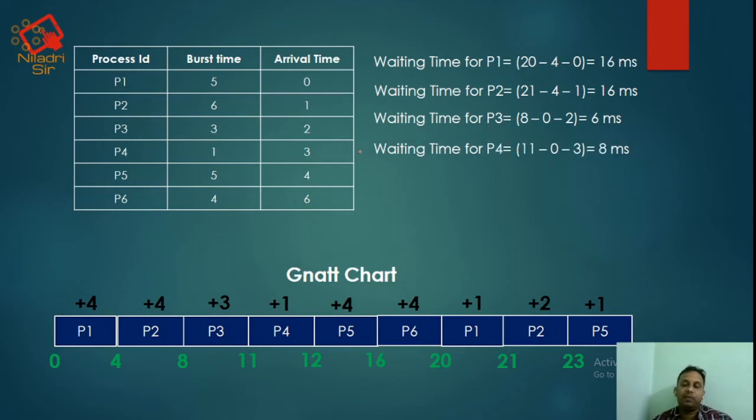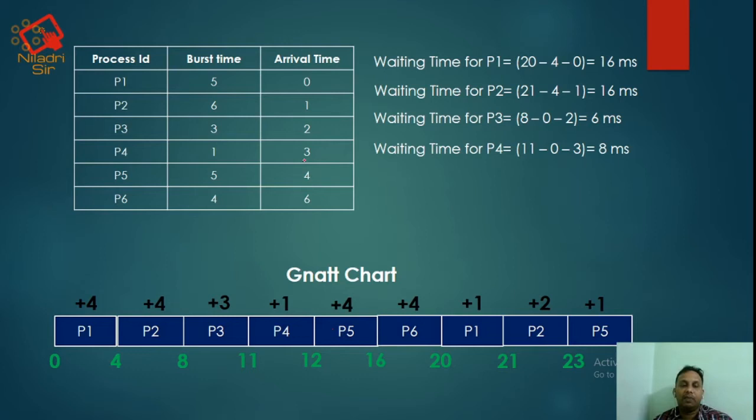And what will be for P5? We have two blocks of P5. The last one is this, and the starting of P5 is 23, and P5 has executed for 4 microseconds before.